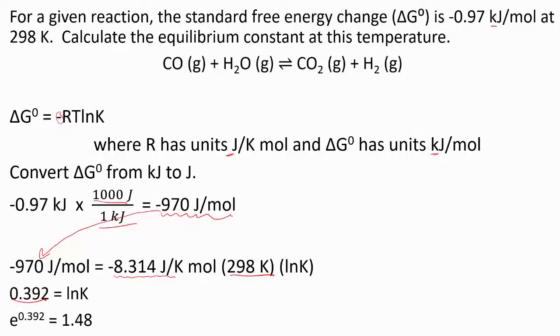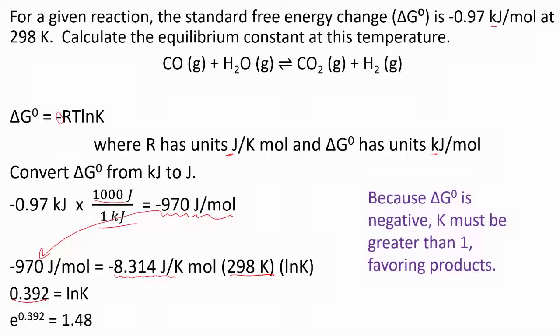So when we plug that into our calculator, we get 1.48. So because delta G is negative, K has to be greater than 1, favoring products, and our K is greater than 1, favoring products.